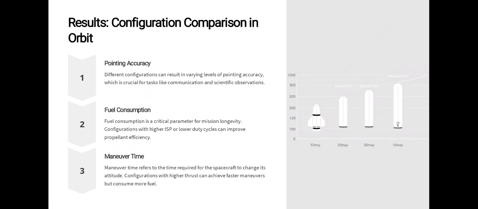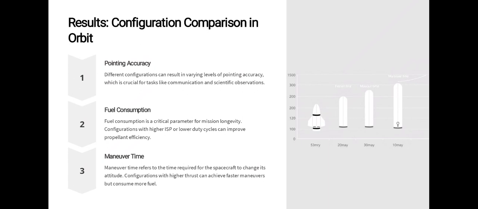Pointing accuracy. Different configurations can result in varying levels of pointing accuracy, which is crucial for tasks like communication and scientific observations. Fuel consumption. Fuel consumption is a crucial parameter for mission longevity.